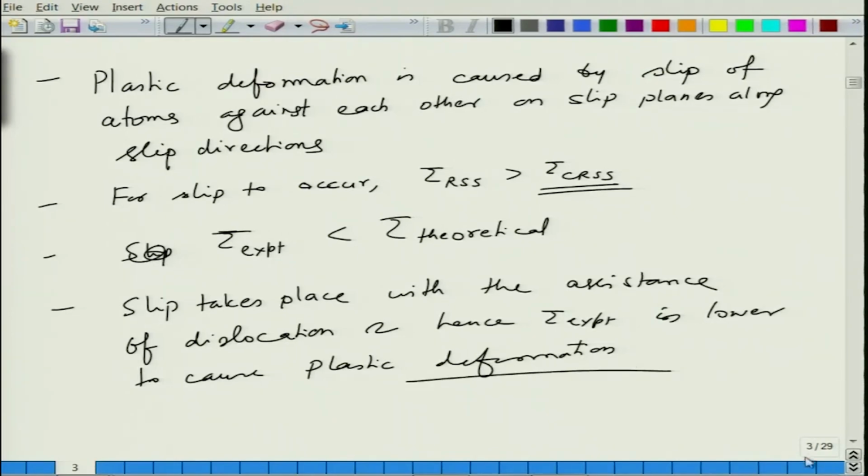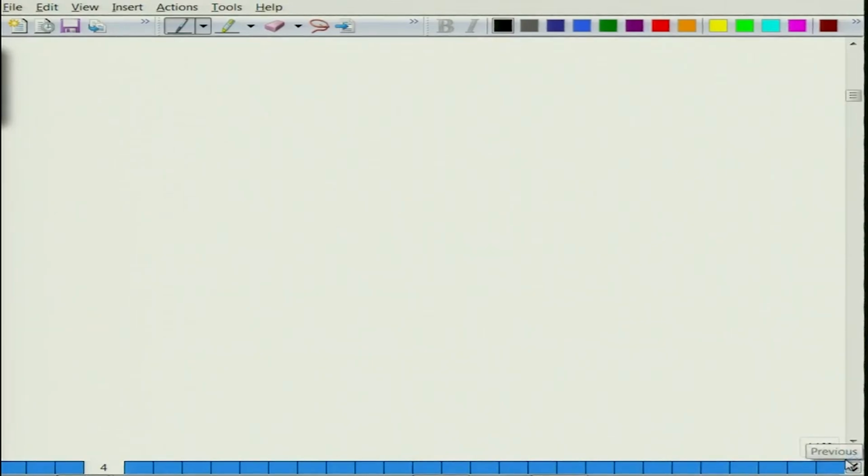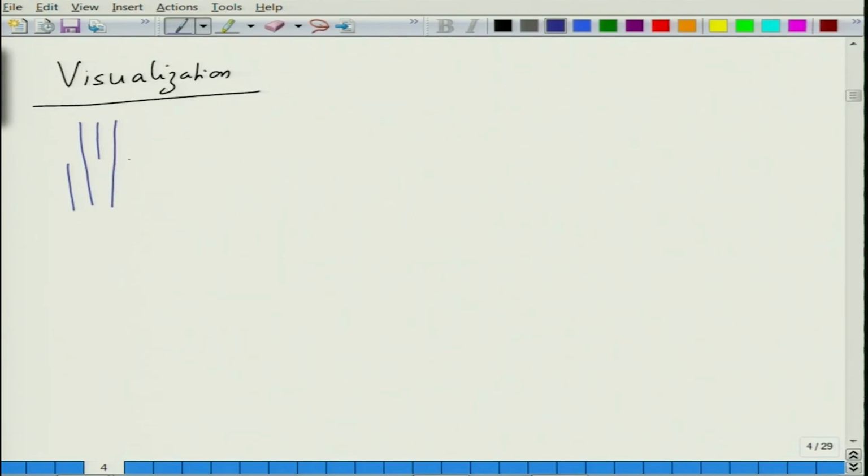Now, another way of visualizing this slip is as follows. When we say the slip takes place by dislocation movement, let us say you have a plane of atoms, you have an extra plane here, another plane there, and when you apply stress to it, this moves further up.